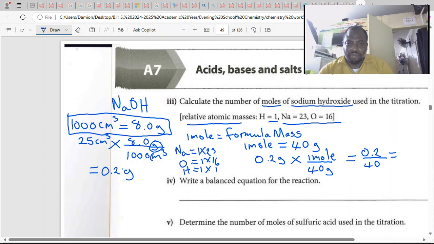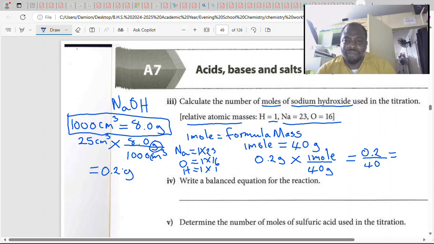So when I do that now, it's giving me the answer in particles on my calculator. There's a button that you can press to provide it in moles. It's not giving you in particles. So what is the number you're seeing? 5 times 10 to the negative 3.